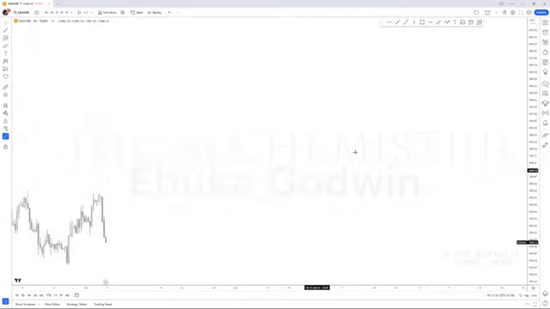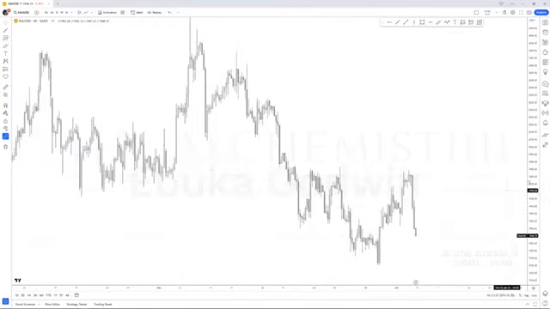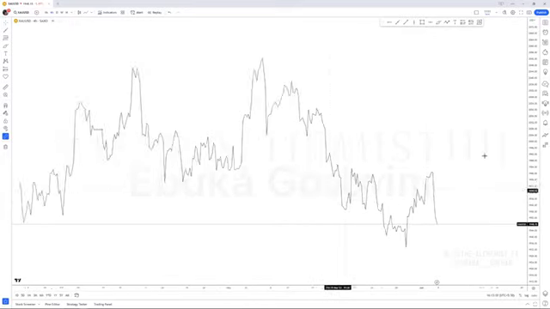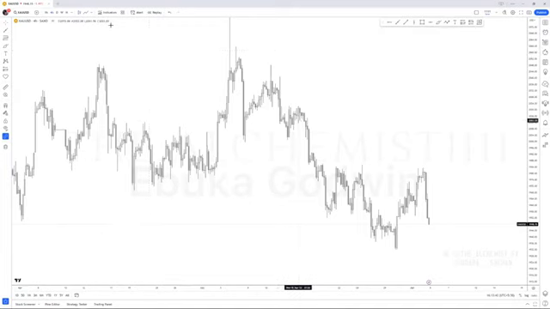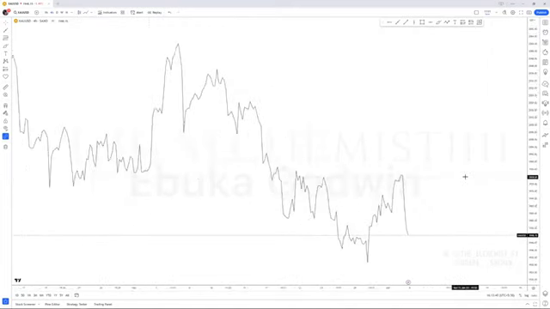Another thing to point out is that remember, we will be using the line chart a lot. We will go through candlesticks as well, but mainly we'll be using the line chart, because this is important.